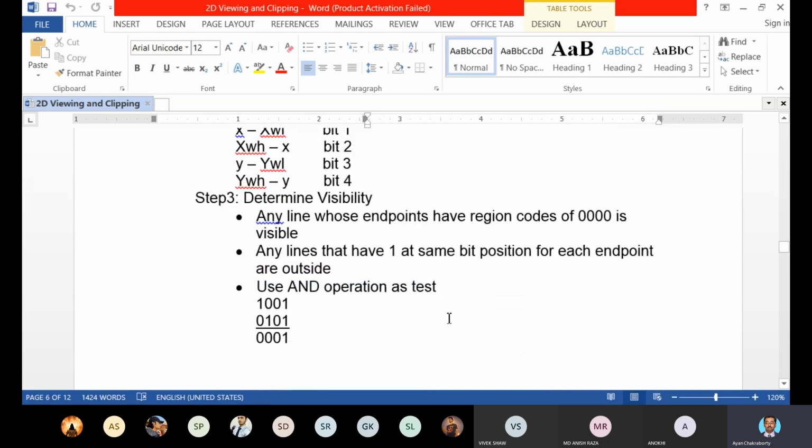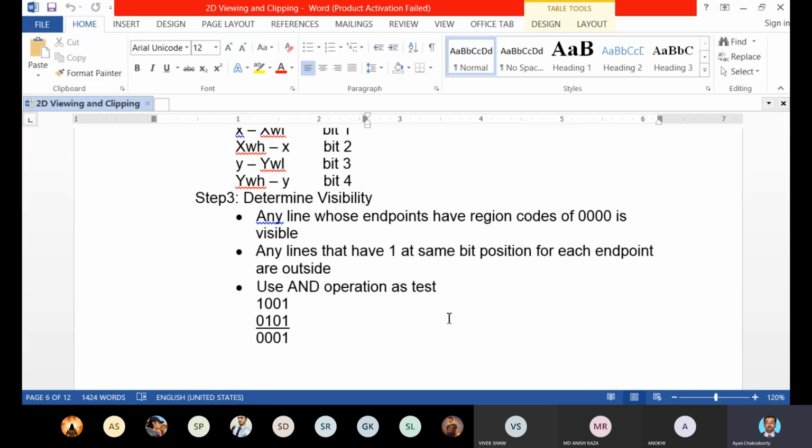Now determine visibility. This is the core part of the algorithm: how, using these 4 bit region codes, we can determine the visibility of a line. Listen very carefully, and if there is any problem or ambiguity, please ask me.